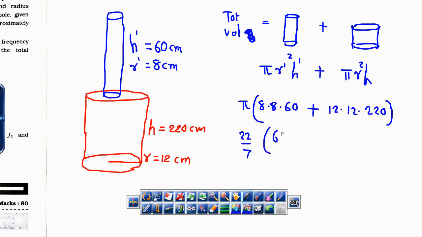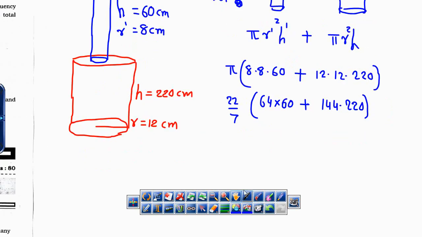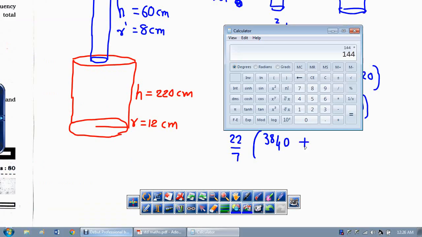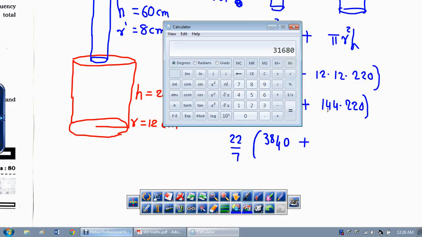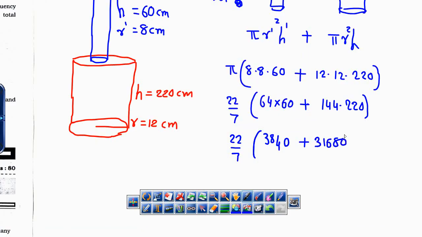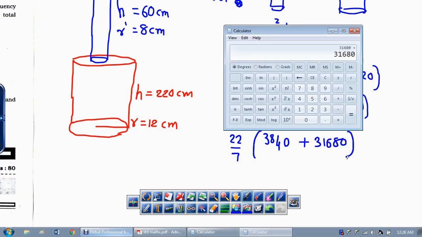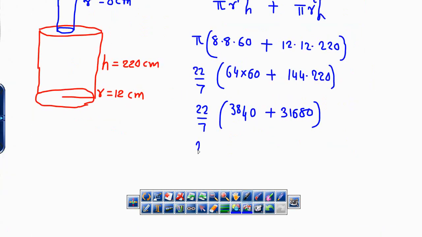22/7, 8 8s are 64 into 60 plus 12 12s are 144 into 220. 6 4s are 24, 6 6 are 36, 3840. और ये कर लेते हैं 144 into 220, 31680. 31680, 3840 is 35520. 7 के साथ कट नहीं होगा.